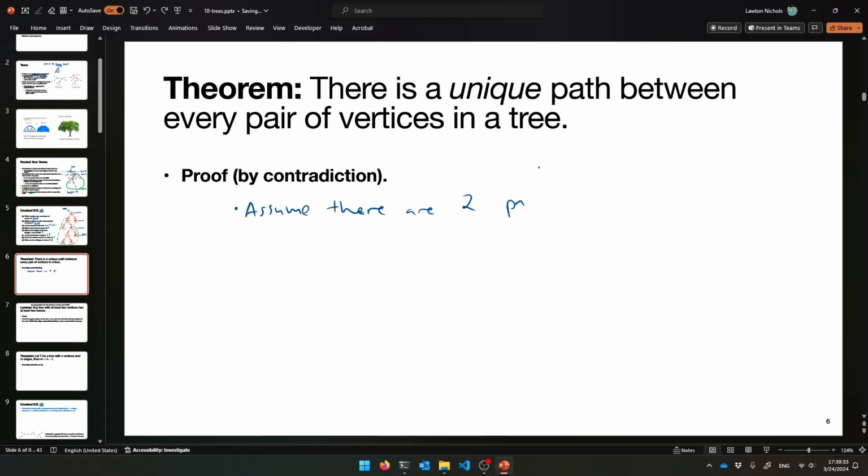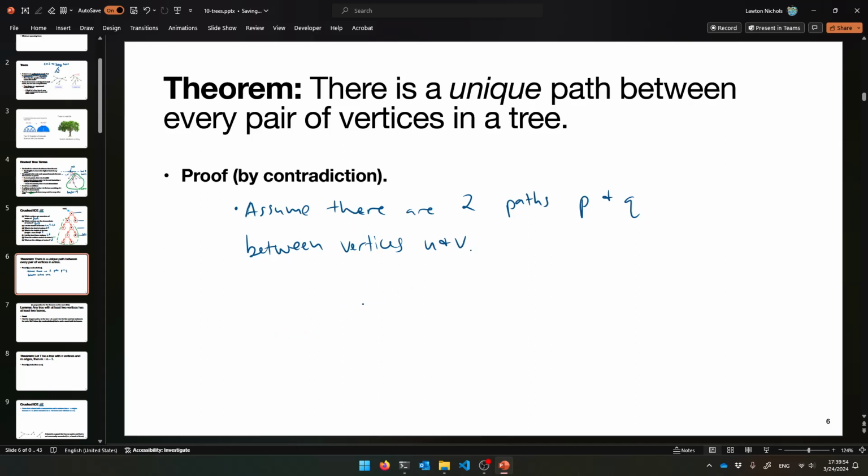Let's name things. Assume there are two paths. Call them path P and path Q between two vertices, U and V, let's say. All right, so let's draw what's going to happen.